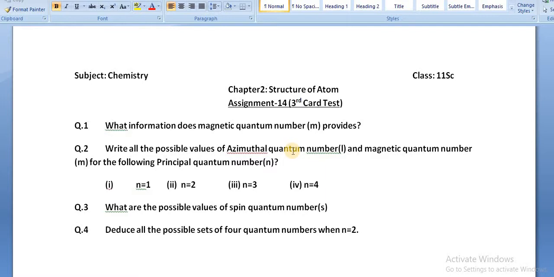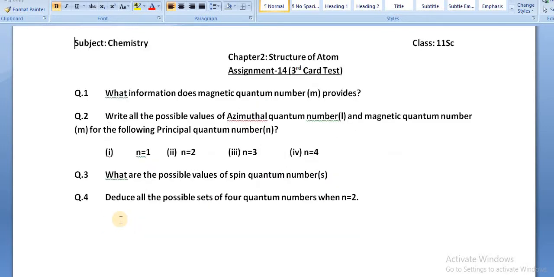Next, what are the possible values of the spin quantum number s? After that, deduce all the possible sets of 4 quantum numbers when n equals 2. That means you have to find the value of L, the azimuthal quantum number, then the magnetic quantum number, and finally the spin quantum number. Complete it and send it in.